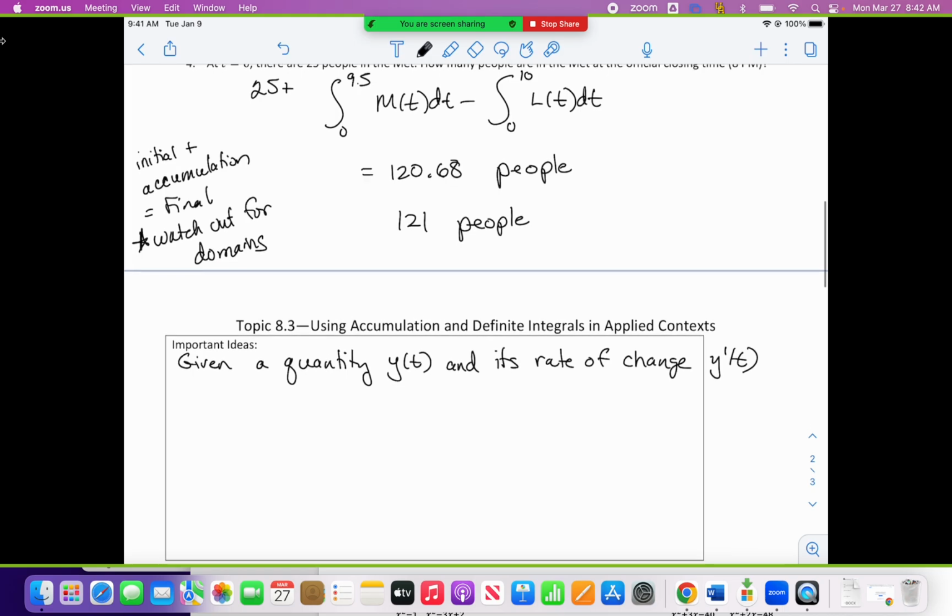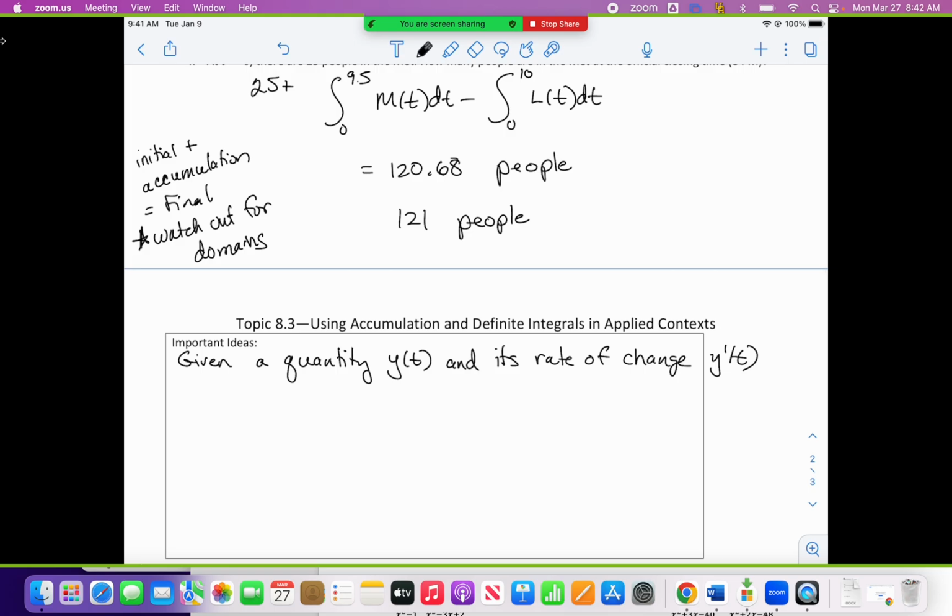All right, so let's call a quantity y of t and its rate of change y prime of t. I've got three big ideas here. The first one is the integral from a to b of y prime of t dt, which by the fundamental theorem of calculus is y of b minus y of a. The integral of a rate of change is equal to the net change in quantity.